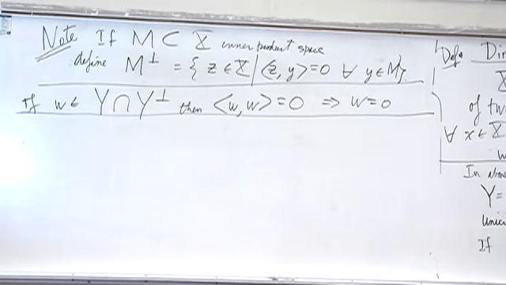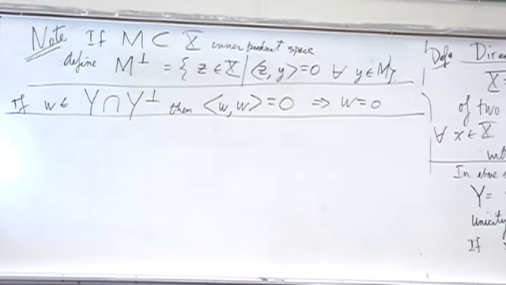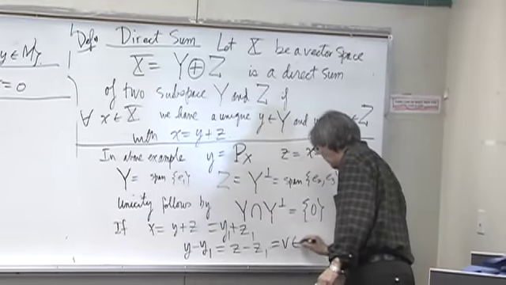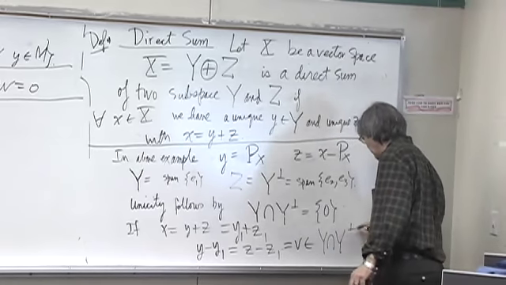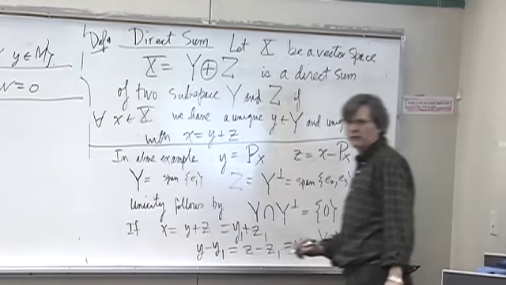But y minus y1 is in Y and z minus z1 is in the complement, so whatever they're equal to must be 0. There is a common vector v in both of them, so v must be equal to 0.